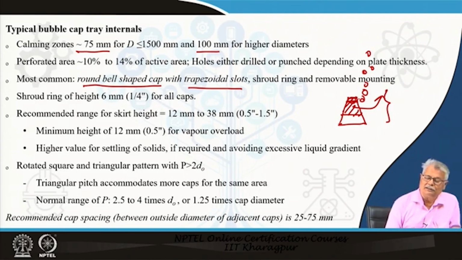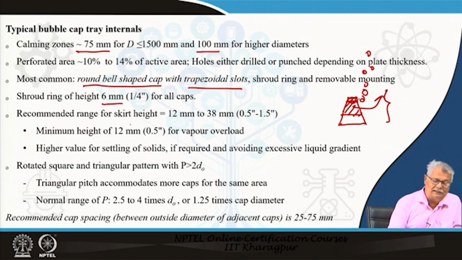You will be using rectangular slots when you know that your capacity, or the turn down ratio in this case, is not going to change much. That means you are going to operate your tray with a fairly steady capacity or throughput. The shroud ring, we already have said many times, is usually 6 millimeters.